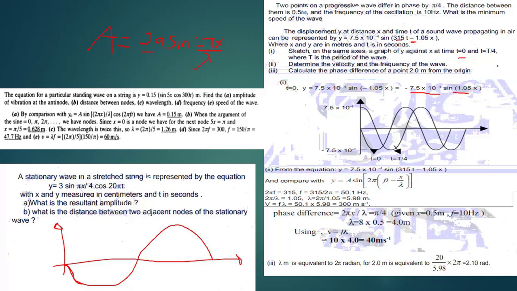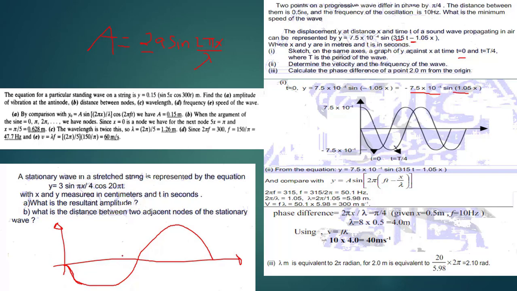But at time t equals period over 4, it means a quarter of the motion. In any sine curve, this is one complete oscillation, all from start to end is T, the time period, the whole motion. At this center it is T over 2, half of the motion.